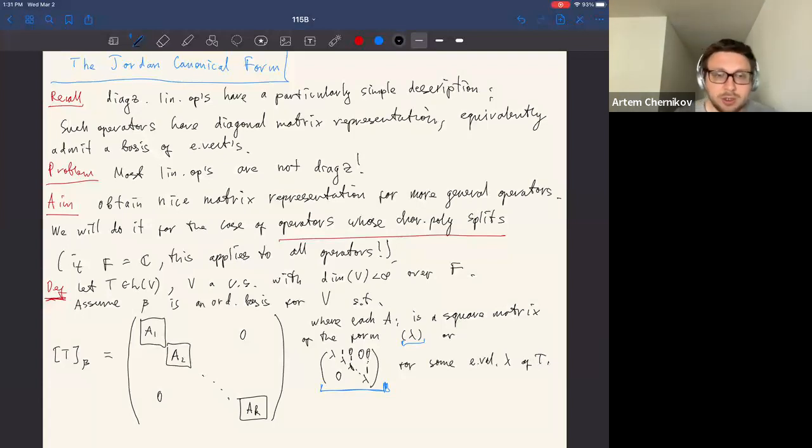All right. So such a matrix Ai, a matrix of this form, is called a Jordan block corresponding to the eigenvalue lambda.